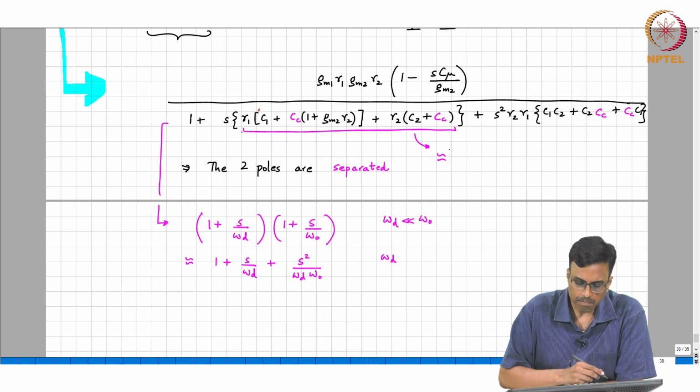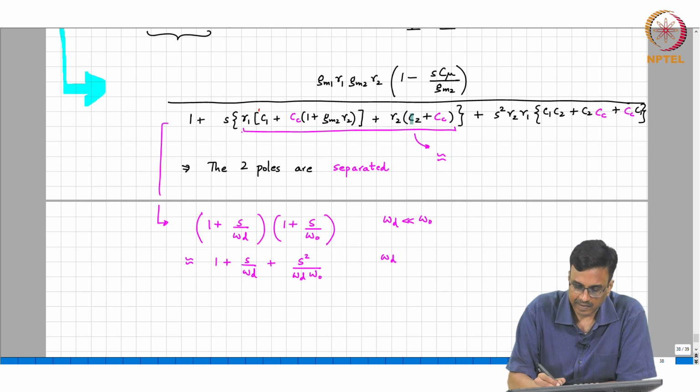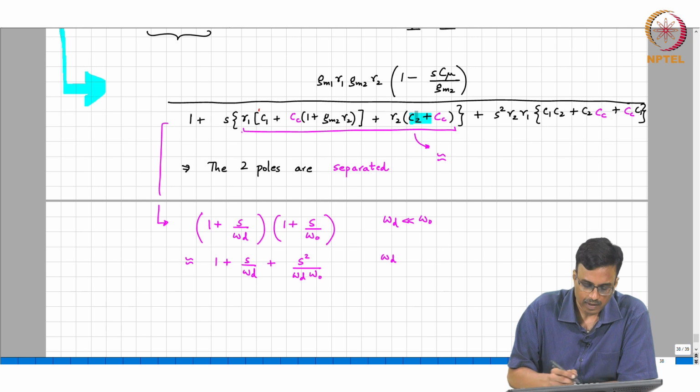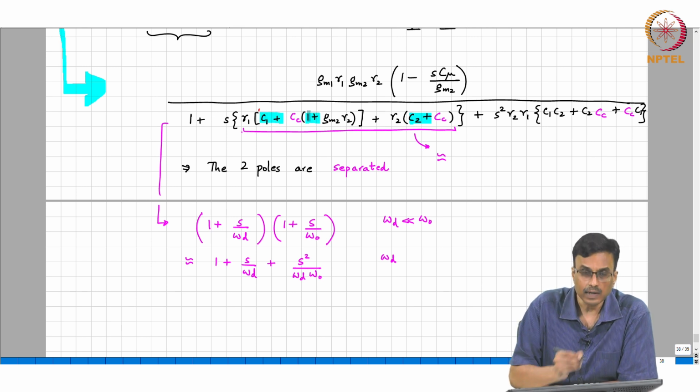Well, in the second term, we can neglect C2, and in the first term you can neglect C1 and 1, so basically you have R1 CC GM2 R2, and you have R2 CC.